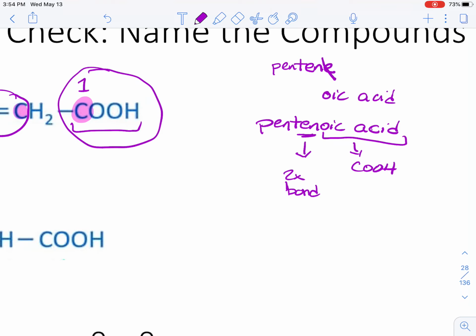Now, we don't need to indicate the carbon number of where the carboxylic acid is located on the parent chain, but we do need to tell the reader where this double bond is on the parent chain. And so that means we need to add a number in front of our prefix pent.